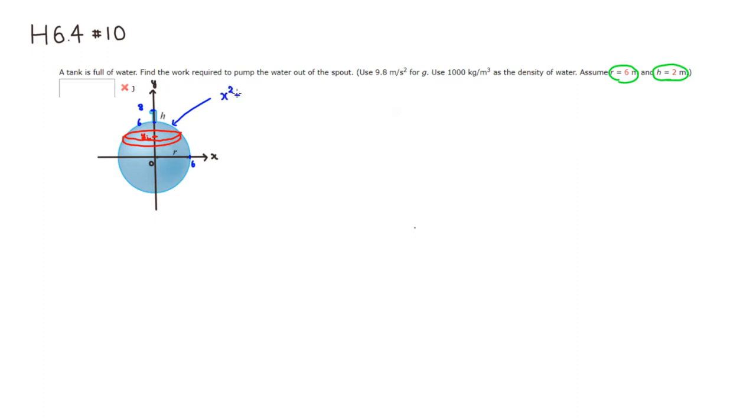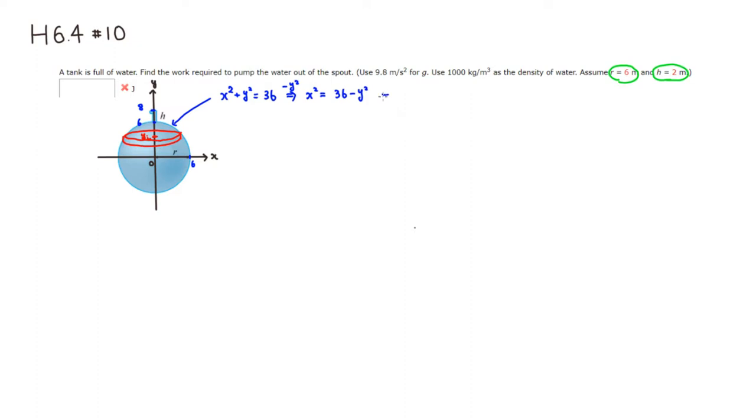So x squared plus y squared is equal to 6 squared, which is 36. Then I'm going to solve this equation for x. Subtract y squared from both sides, so you have x squared is equal to 36 minus y squared.